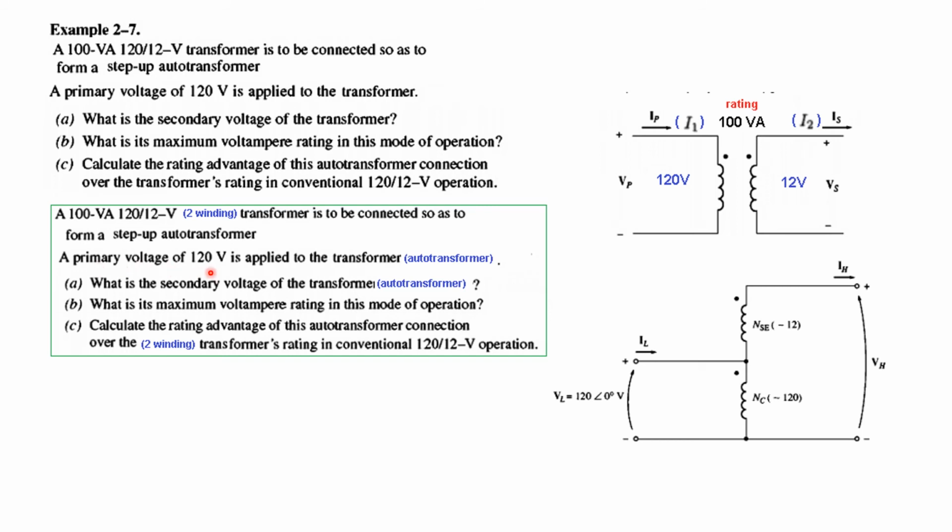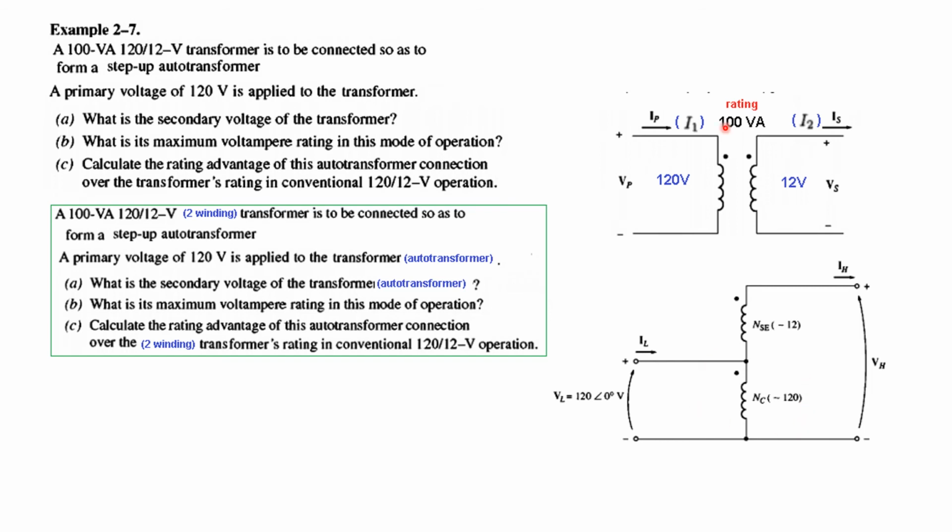A primary voltage of 120 is applied to the transformer. Which transformer now? The autotransformer. 120 we are applying. What is the secondary voltage of the transformer? So that is the first question. We have to find the secondary voltage, or VH. Then, what is the maximum volt ampere rating in this mode? So we have to find the VA of this mode.